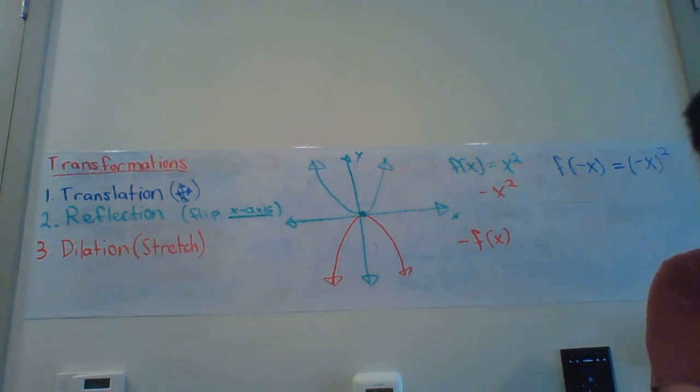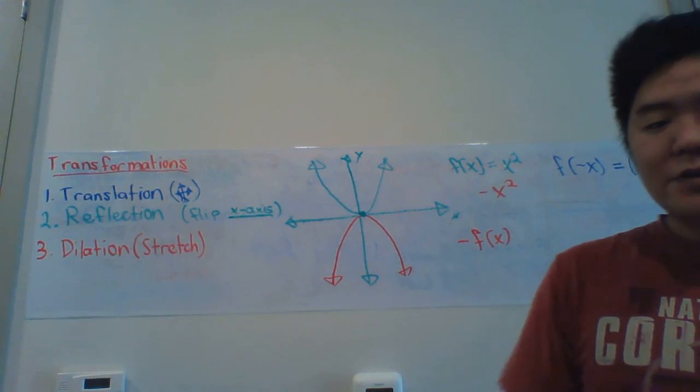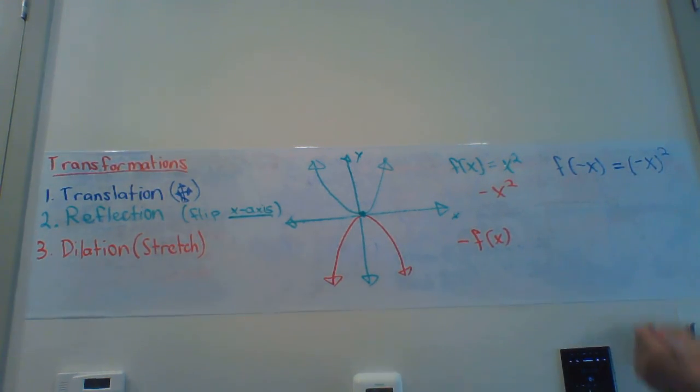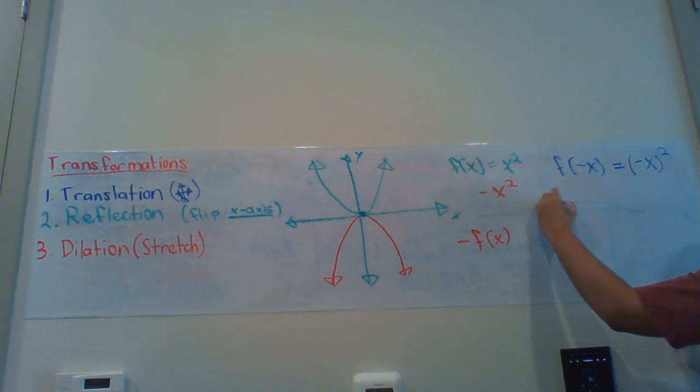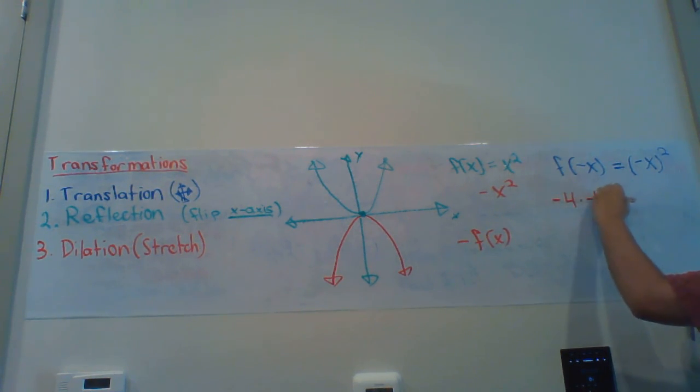Here's the thing. And this goes back to some arithmetic, right? So if I had negative 4 times negative 4, now you might be telling me the number right away, but this is also really just negative 4 squared.